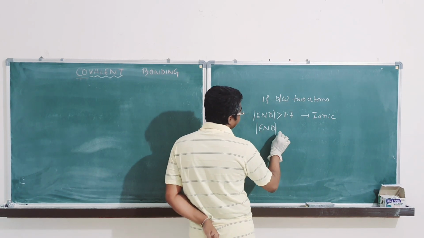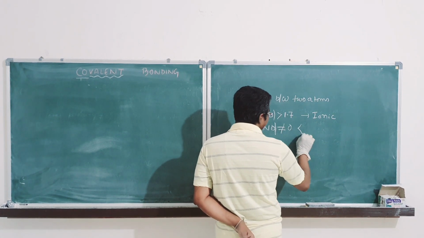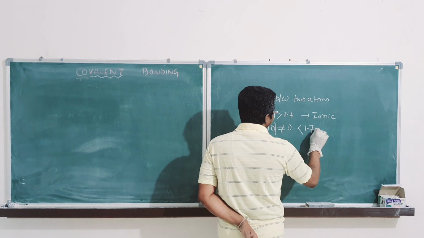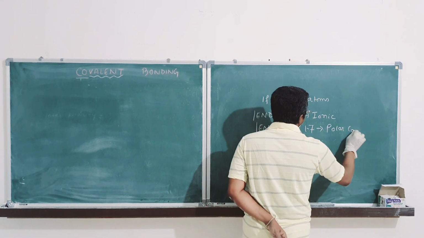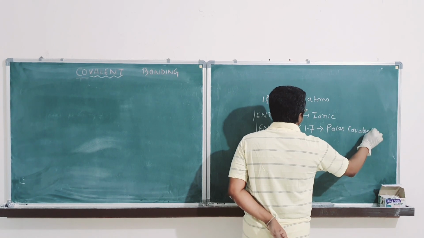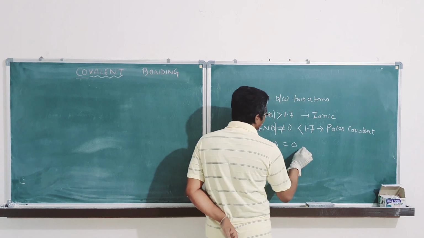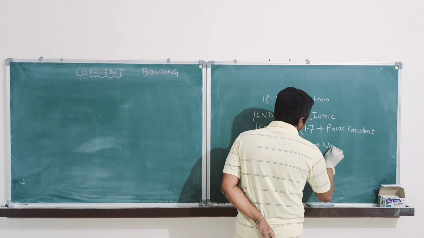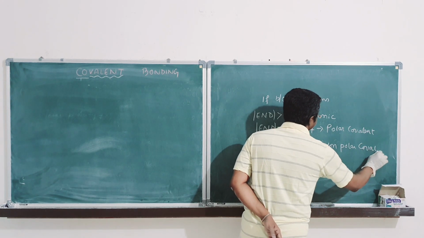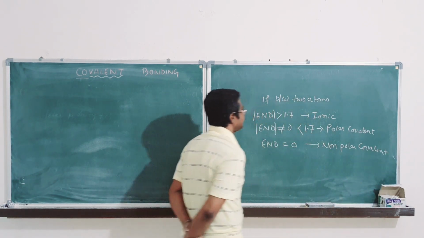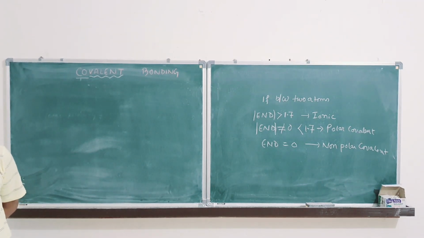So if electronegativity difference is not equal to 0 but less than 1.7, then the bond is polar covalent. ठीक है? If electronegativity difference is equal to 0, then the bond is non-polar covalent. ठीक है? Clear? So this is the summarization between these elements.